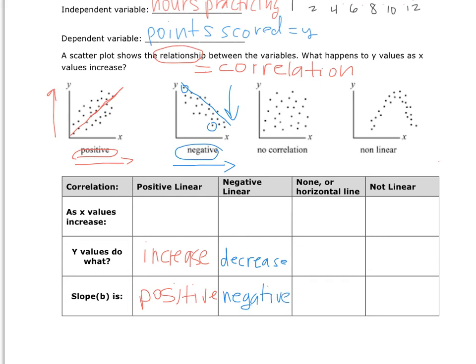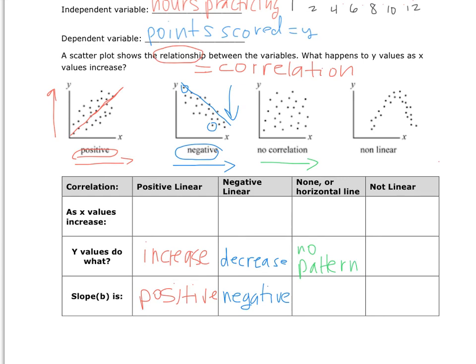Okay, well, we can have a case where there's no correlation. So as x values are increasing, there doesn't seem to be any pattern with the y values. So the y values do what? Well, no pattern. There's nothing sort of predictable that the y values are following.